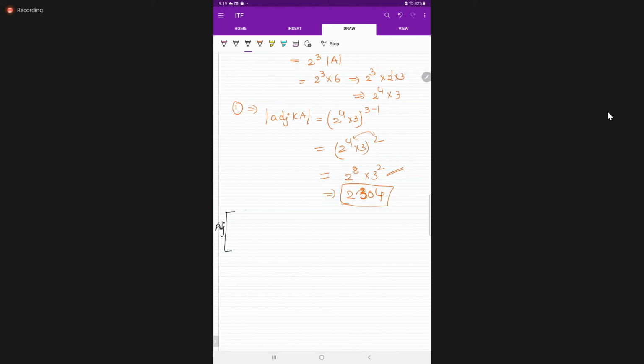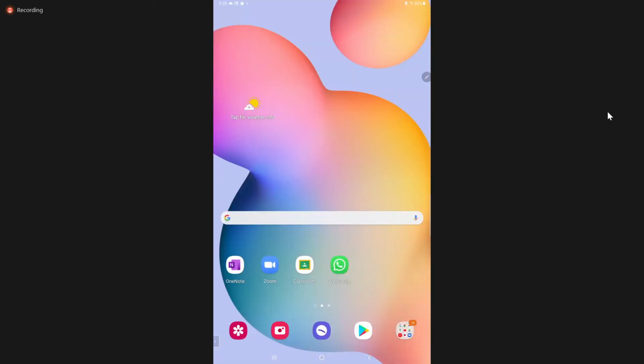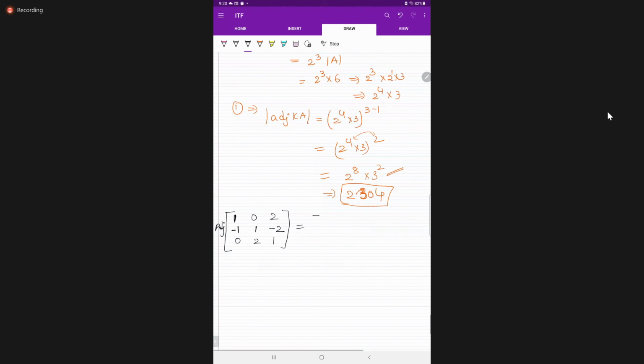Adjoint of [[1,0,2],[-1,1,-2],[0,2,1]] is equal to [[5, a, -2],[1, 1, 0],[-2, -2, b]], which is equal to a comma b.